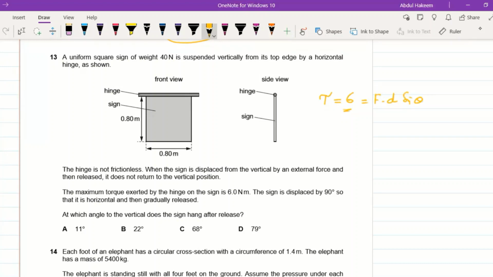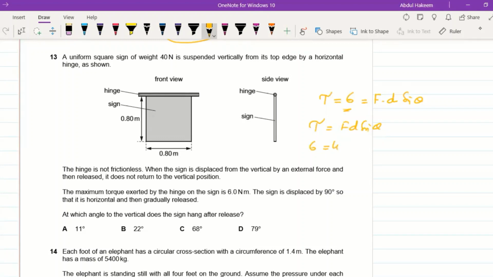Now, we can write the formula. Torque is equal to Fd sine theta. Now substitute the values. So this is 6.